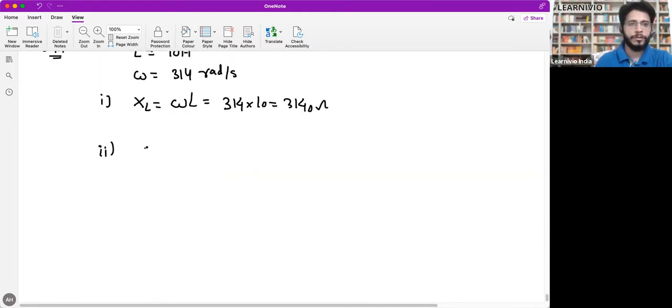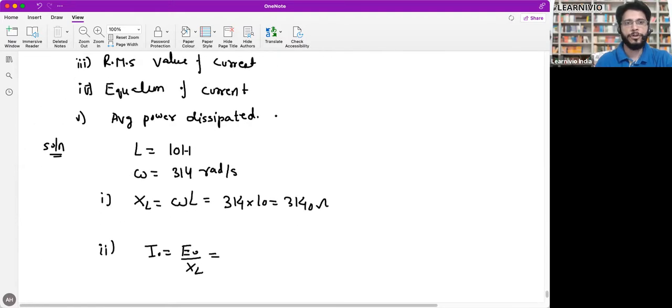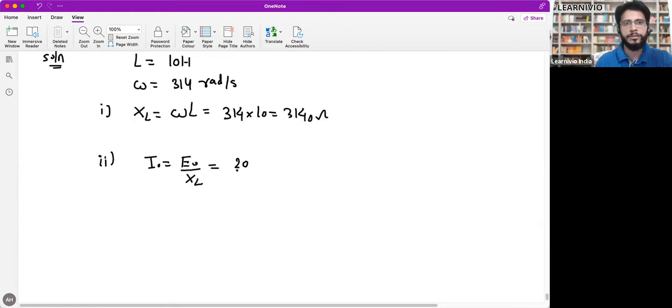So this is your I naught, which is E naught divided by XL. How much is E naught, Sania? 20. And how much is XL? XL is 3140. So when you cancel them, it's 1 by 157 amp. That's the peak value. 2 by 314 is 157, I guess. Yes.